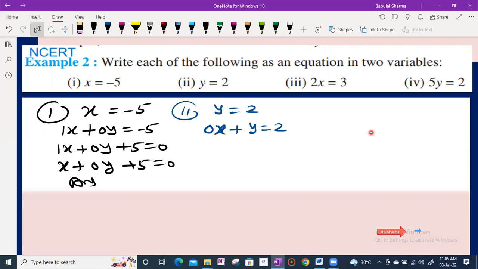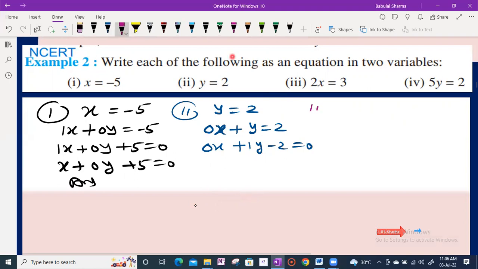So we can write 0x plus 1y minus 2 is equal to 0. And this is y is equal to 2 written in the standard form, 0 into x plus 1 into y minus 2 is equal to 0.